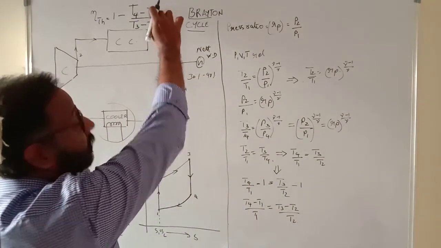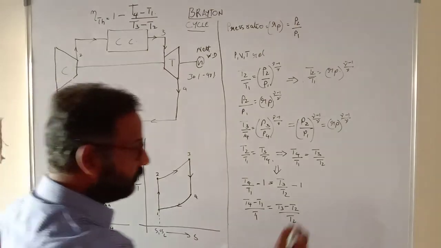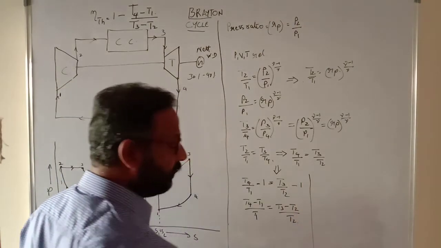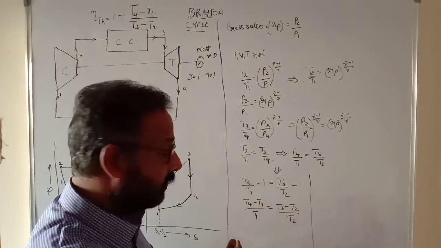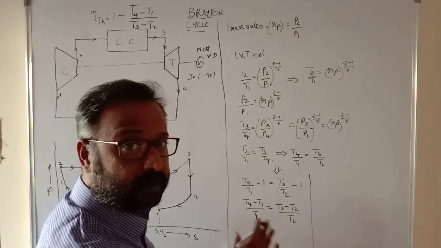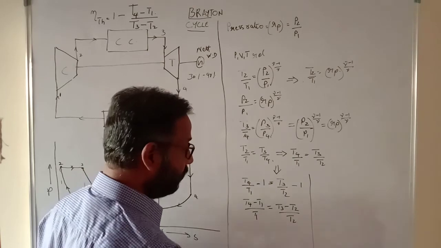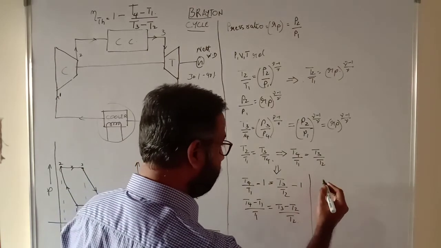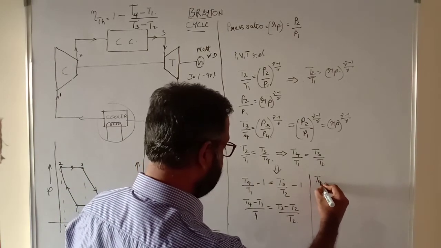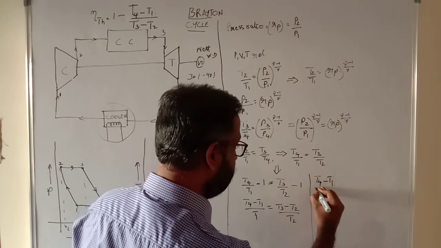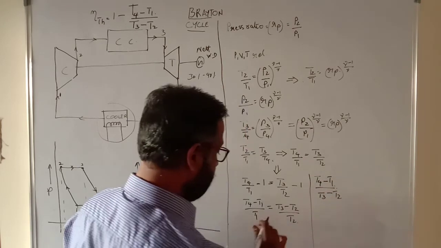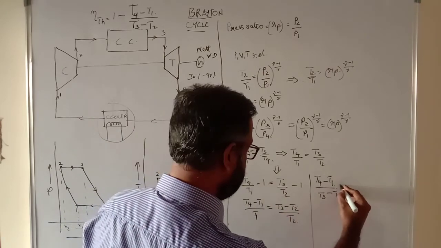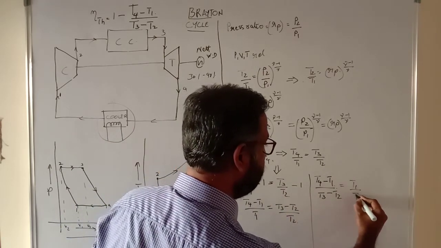It's nothing hard to do. When I cross multiply this equation, I will get T4 minus T1 divided by T3 minus T2 equal to T1 by T2.